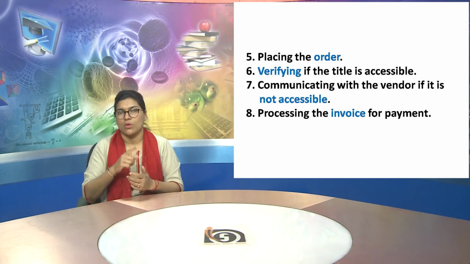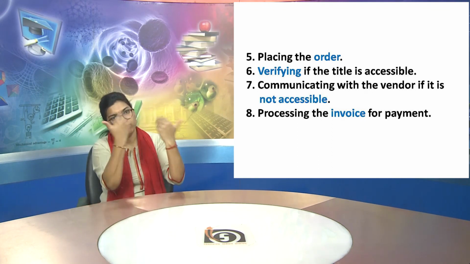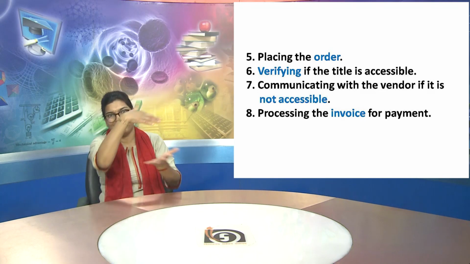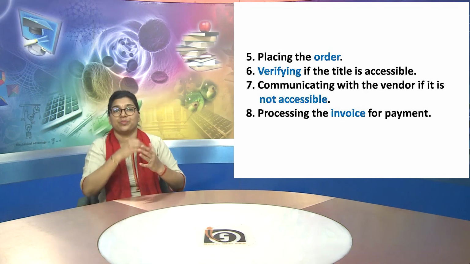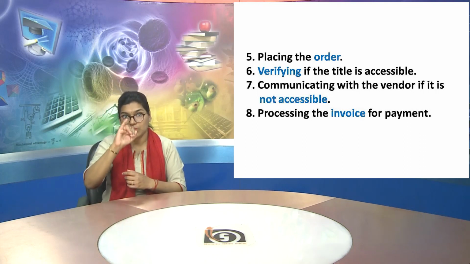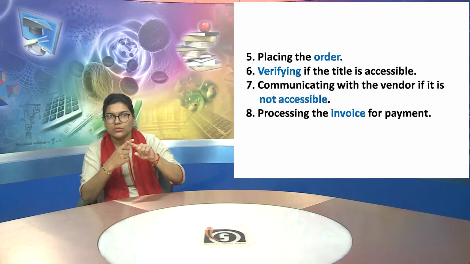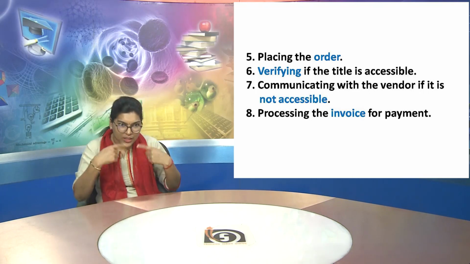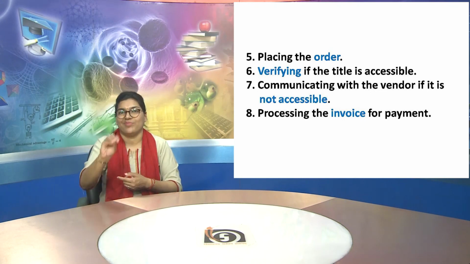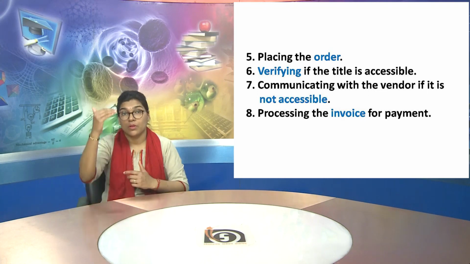The fifth step is in continuation of the previous slide. It tells that after receiving the fund, we place the order. And the next step is sixth step, which is verifying if the titles we have chosen are accessible or not.